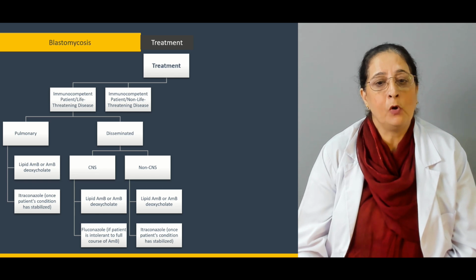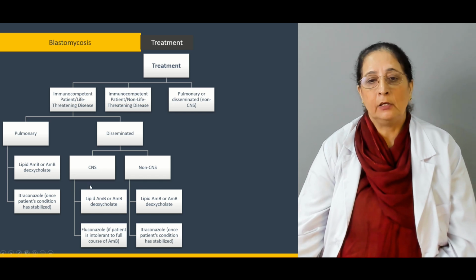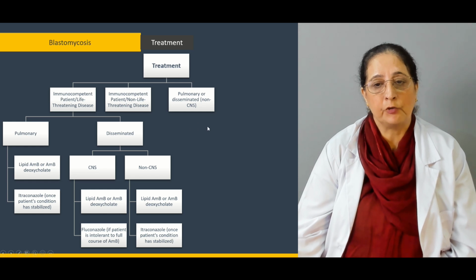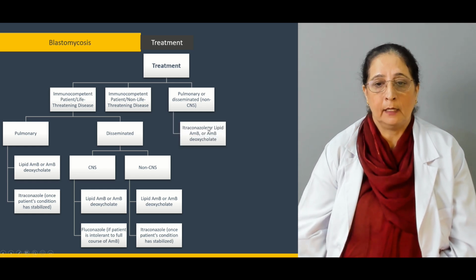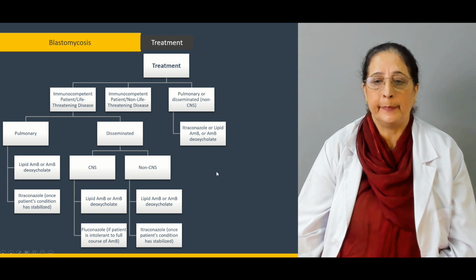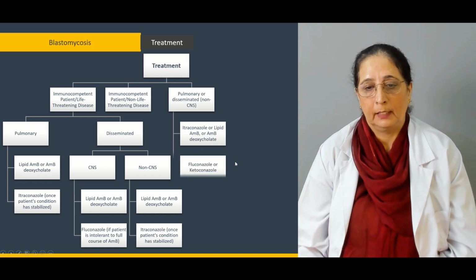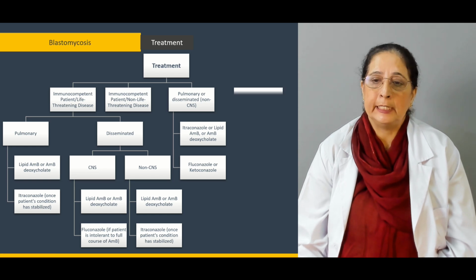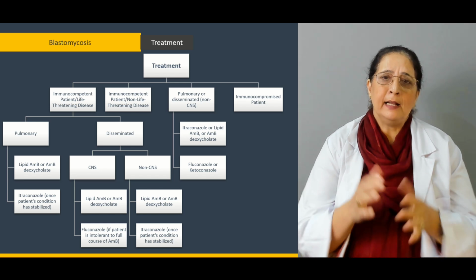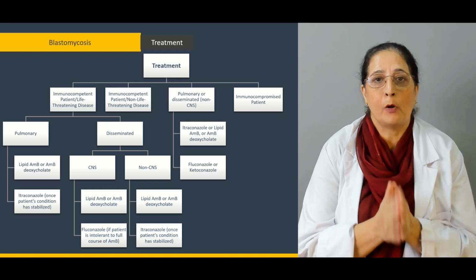Then the immunocompetent with non-life-threatening diseases. Another category is pulmonary or disseminated non-central nervous system. These are treated with itraconazole or lipid amphotericin B or amphotericin B deoxycholate, fluconazole or ketoconazole, and then the immunocompromised patient. Fungal infections are very serious in patients who are immunocompromised.